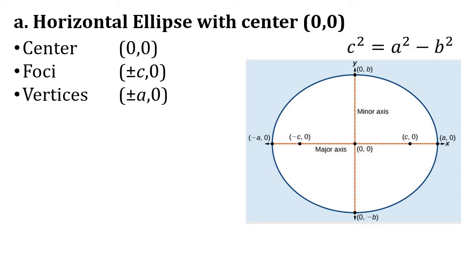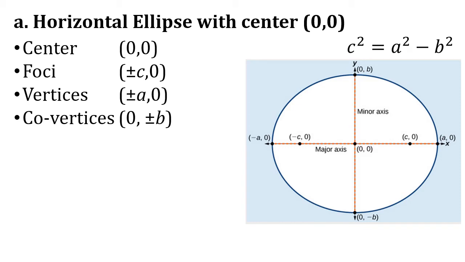The coordinates of the vertices are (a, 0) and (-a, 0). Look at that. The endpoints of the major axis are the vertices. Then the co-vertices are the endpoints of the minor axis.